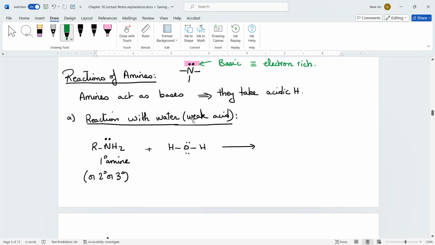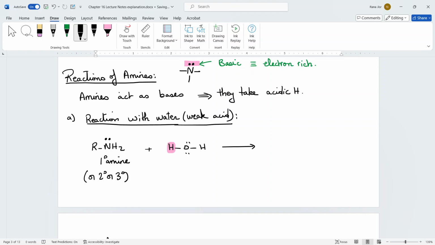We normally explain an acid by its hydrogen or by its electron deficient group. So for us, an acid is going to have a hydrogen, and that hydrogen normally needs to lack electrons.